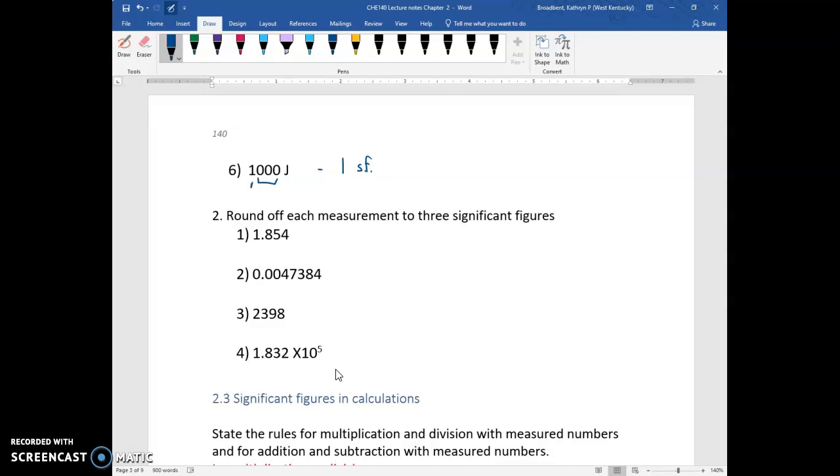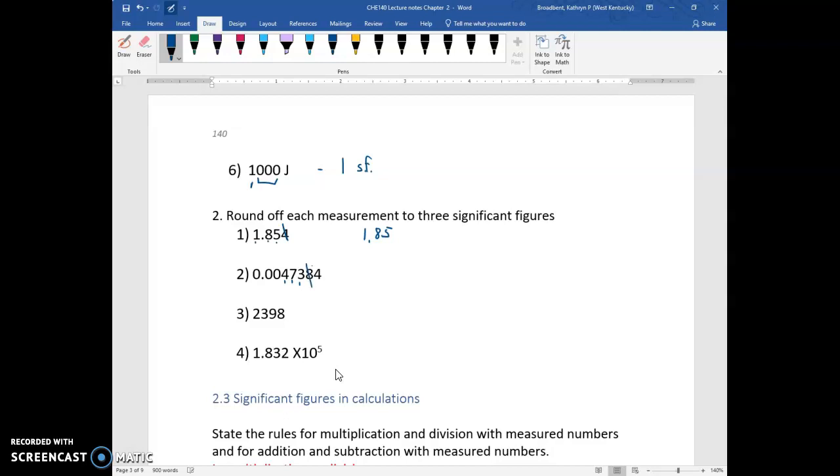Okay, so let's look at rounding these measurements off. If we want to round off to 3 significant figures, we'll keep the 1, the 8, and the 5, and lose the 4, and we'll end up with 1.85. If we want 3 significant figures here, the 4, the 7, and the 3, when we lose the 8, we're going to make the 3 a 4.